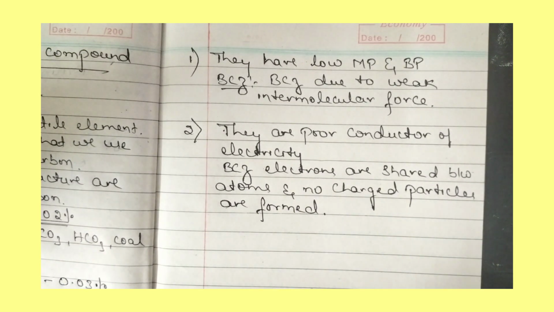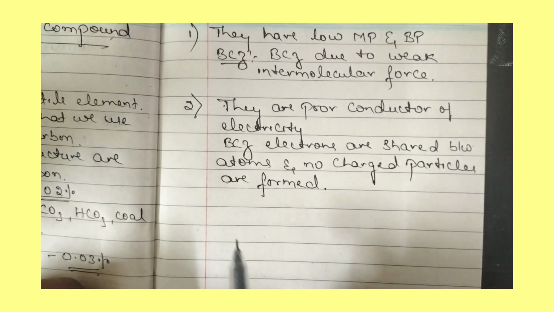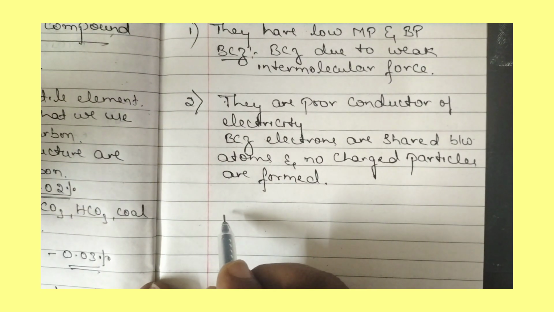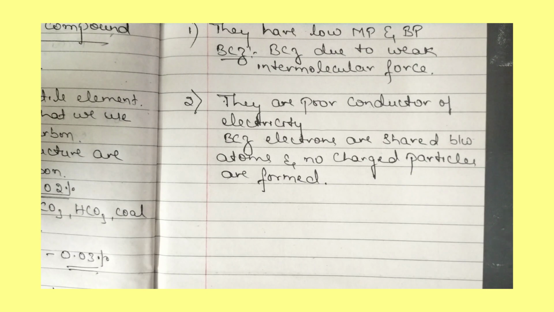Okay, now let us study why the electrons are shared between carbon atoms. From the metals and non-metals chapter we have studied that ionic compounds are formed due to the transfer of electrons from metals to non-metals.